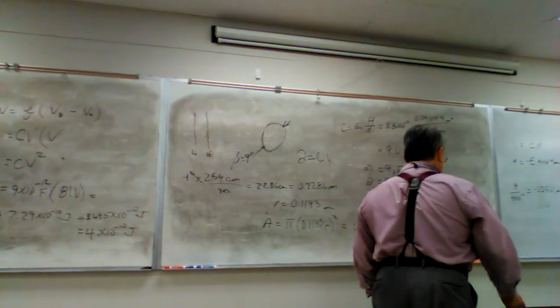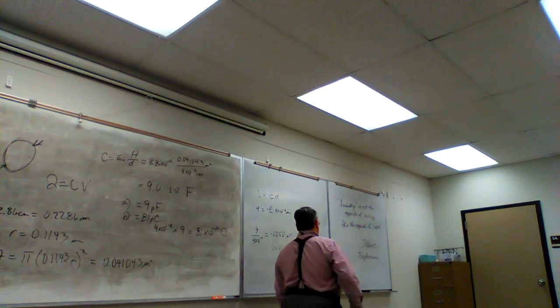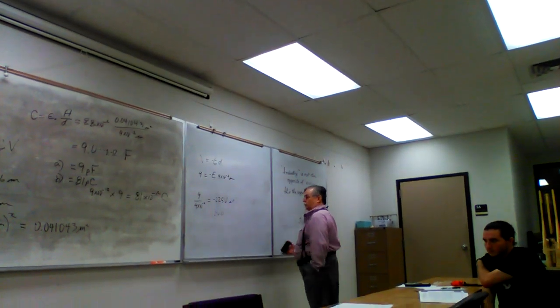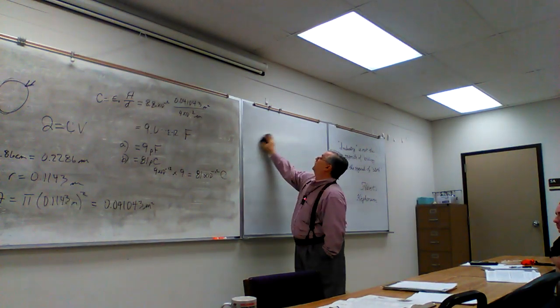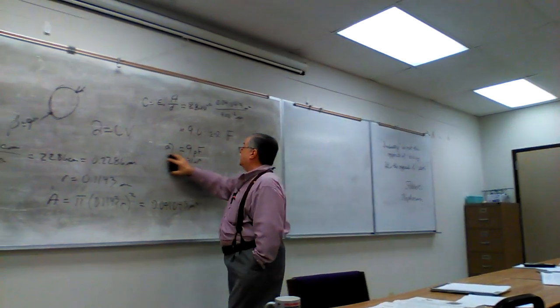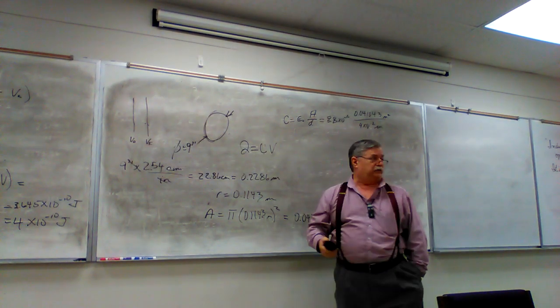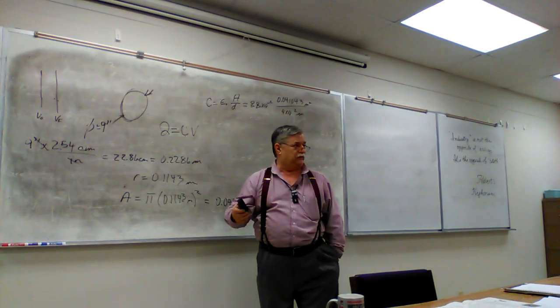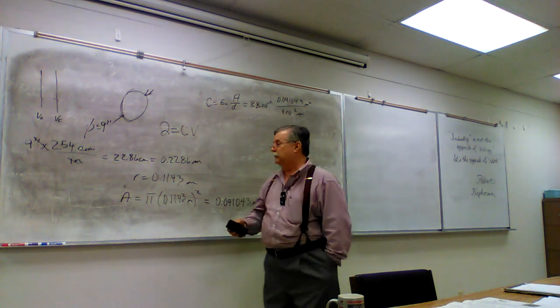Volta published his work in 1800, and he discovered that the source of the electromotive force was actually the dissimilar metals. It was the nature of combining two different metals together.